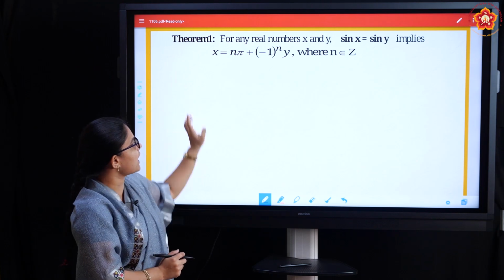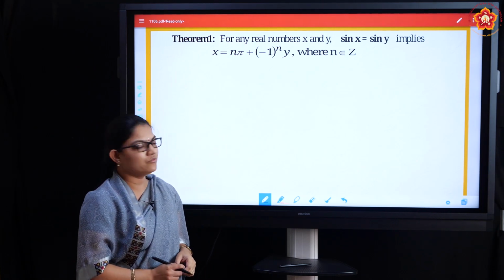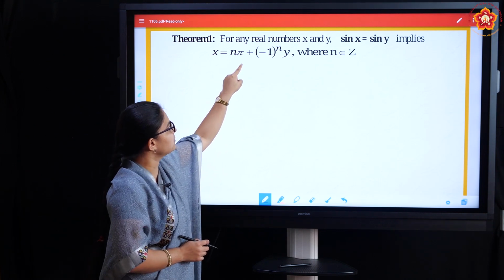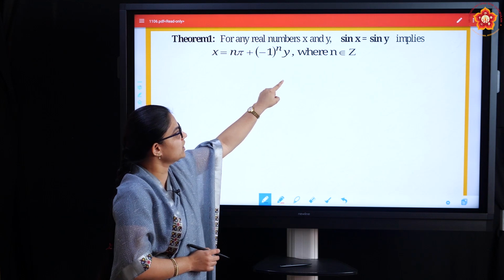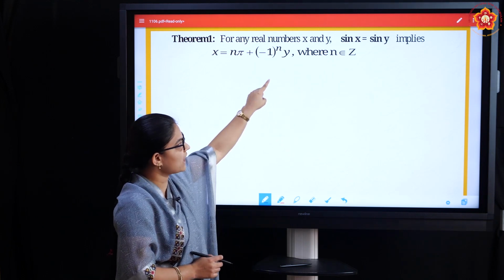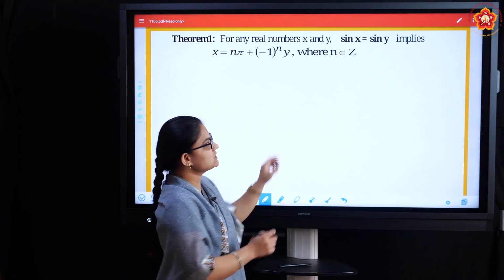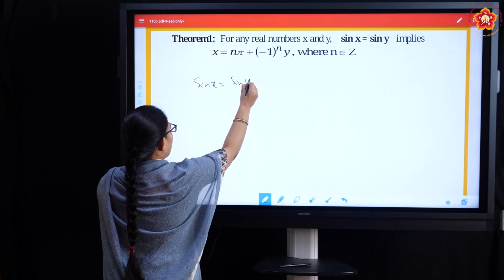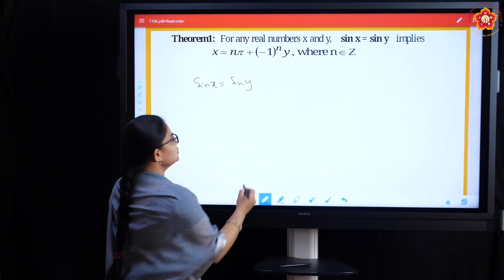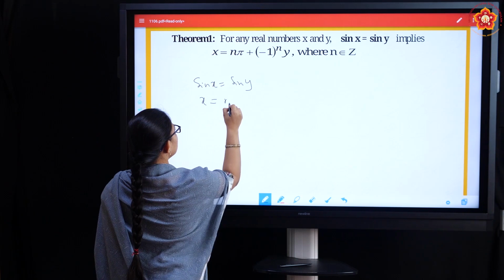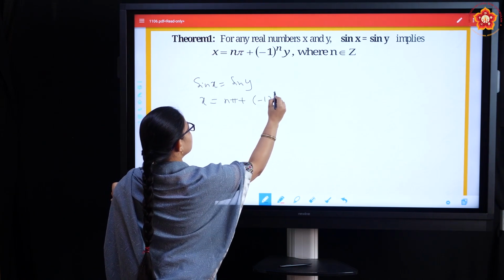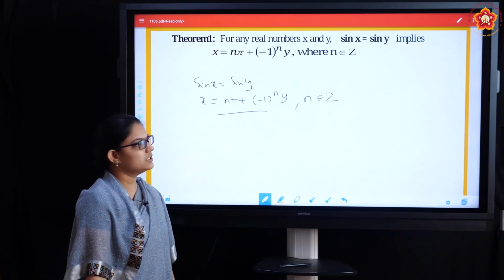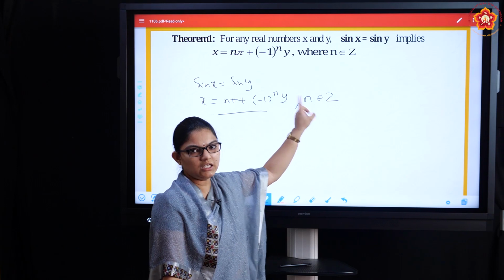This theorem says that for any real numbers x and y, sin x is equal to sin y implies x is equal to n pi plus minus 1 power n y, where n belongs to Z. That is, if your equation is in this form, that is sin x is equal to sin y, then always its general solution will be x is equal to n pi plus minus 1 power n y, where n is nothing but the set of all integers, where n belongs to Z, any integer.